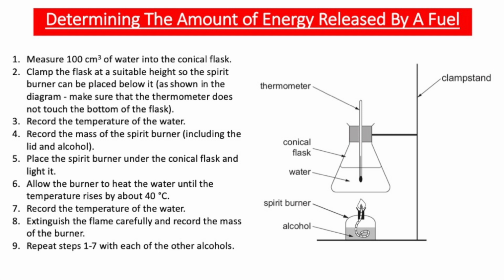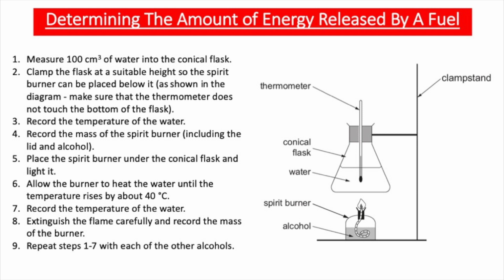When the energy is transferred to the water, this causes a temperature rise. So we measure the temperature rise, and we also measure the mass of fuel that we burnt, and we use this information to calculate the energy that has been released by the fuel.